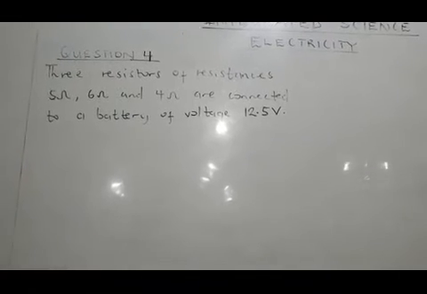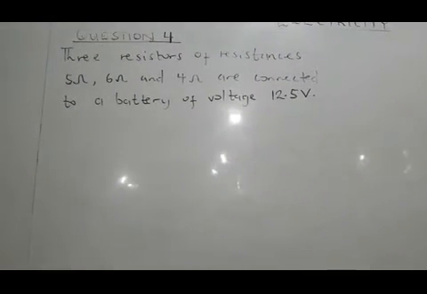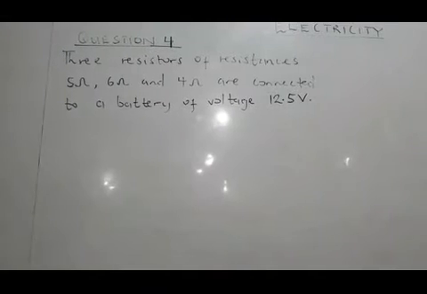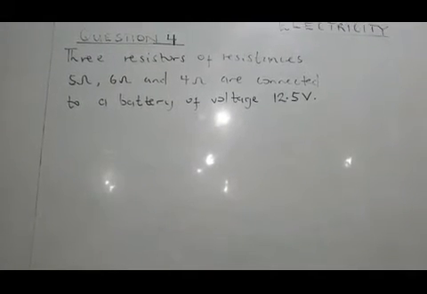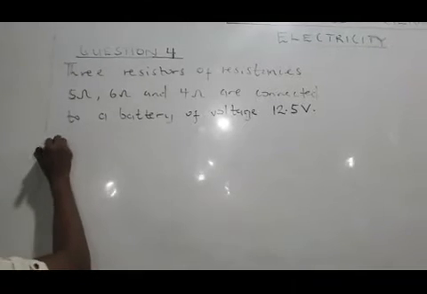So 3 resistors of resistance 5 ohms, 6 ohms, and 4 ohms are connected to a battery of voltage 12.5 volts. So that's the question A.